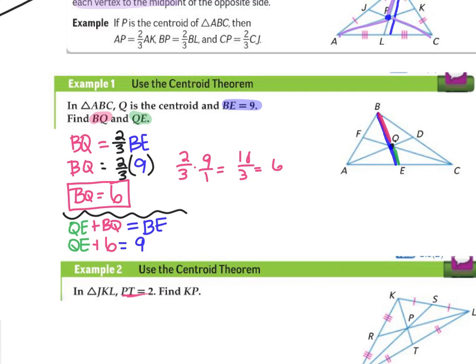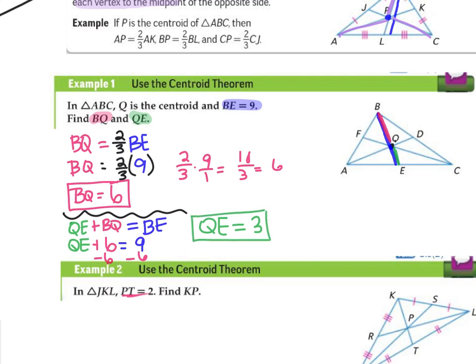So we've substituted in for the values that we know, and then the last thing to do is solve for QE. QE, let's probably put this up here so it's not in the green. QE equals, if we subtract 6 from both sides, we're going to be left with a total of 3.